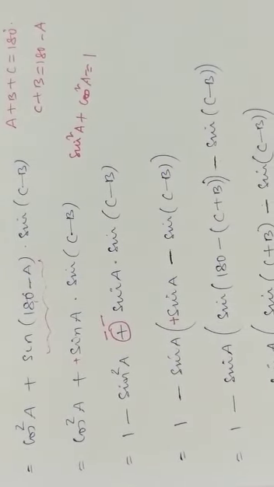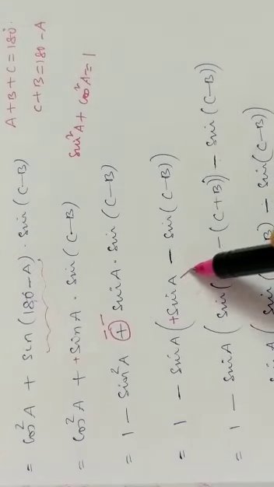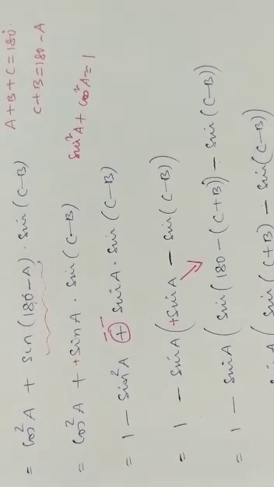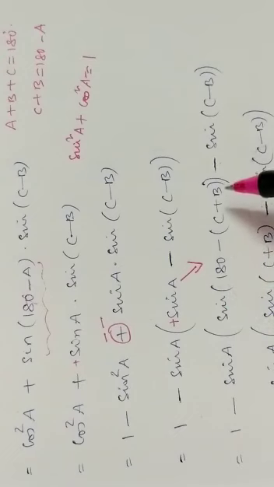So, 1 minus sin A into, now again you have to use the hypothesis. In the place of A, I have to write 180 minus of C plus B. You should not change the order.